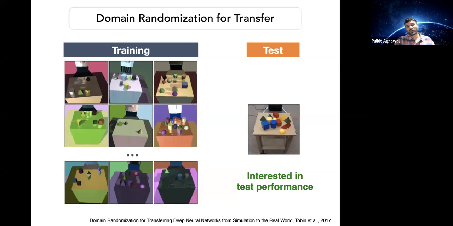We pretty much don't care about the training performance so much as we care about the test performance. So this approach of creating these variations in the training environment and then learning one policy which is consistent across all of these variations is called domain randomization.